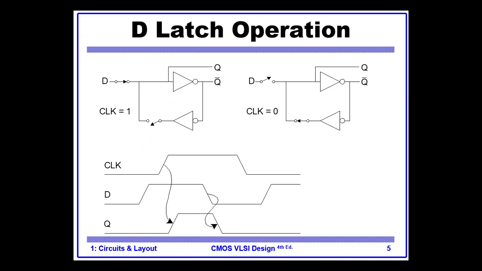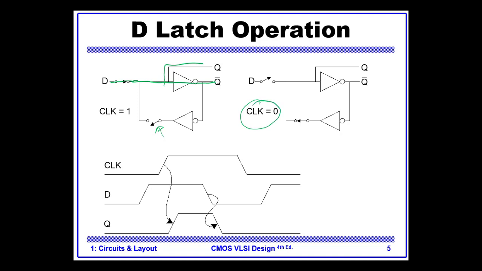And again, the operation that I showed you in the previous slide is demonstrated here in some detail. So when the clock is 1, the multiplexer passes D, and this one is open as you have seen in the previous slide. So we have this path. So the latch is transparent. You can get Q and Q bar.